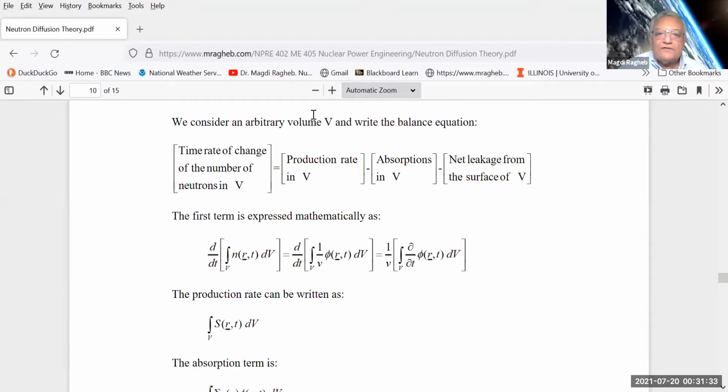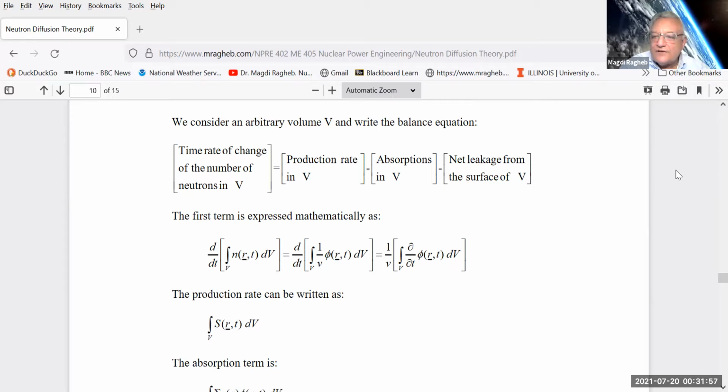Let us take the very elemental control volume that we used in other classes when we dealt with hydraulic systems or electromagnetic systems or temperature systems. We take any control volume because it's arbitrary. It can take any shape. It could be a cube, it could be a cylinder, it could be a parallelepiped, or any volume in general.